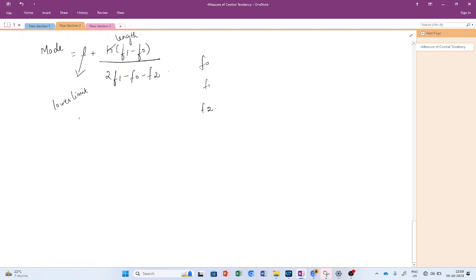So f1 is the modal class frequency. So in the frequency, whatever corresponds to your modal class is your f1. The value which is preceding f1 in the frequency table is called your f0. This is the preceding value and this is the succeeding value, f2.